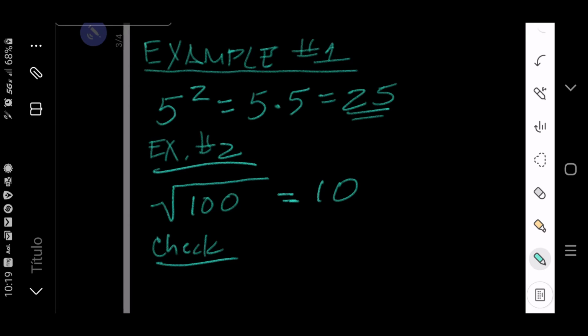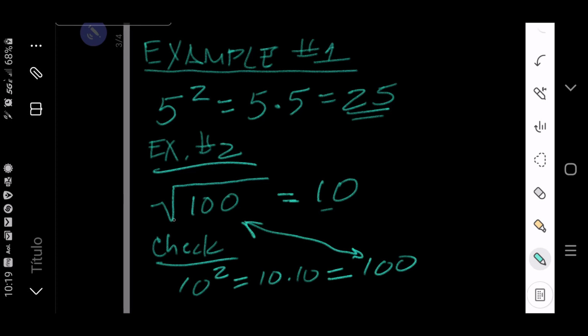So since the square root is 10, 10 squared should equal the radicand. So 10 squared equals 10 times 10, and 10 times 10 equals 100. So it checks out. Square root of 100 is 10, and 5 squared is 25.